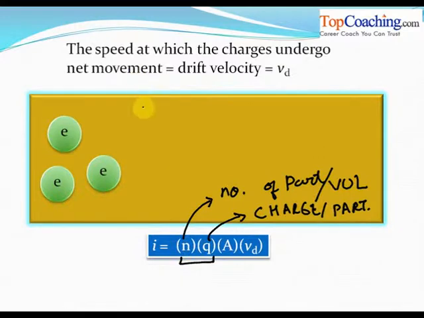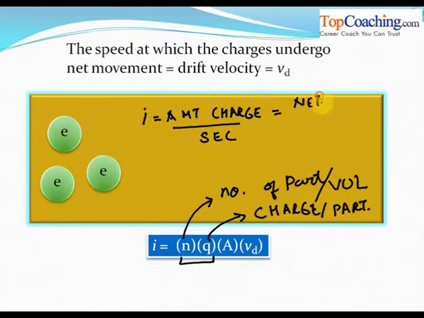Now we know that electric current is basically the amount of charge flowing per second. Therefore, it is equal to the net charge per unit volume into the volume of charge flowing per second, isn't it? That is obvious.